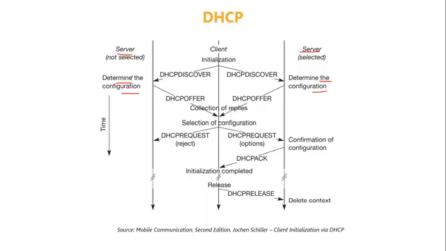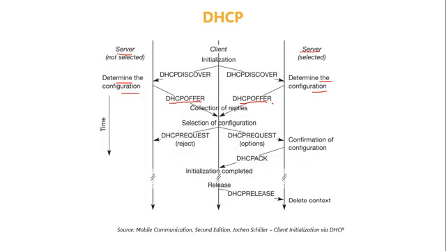Based on these, they send a reply to the client through the packet DHCP offer. The DHCP offer will include the configuration parameters of different servers. This server will set some configuration parameters, whereas the other server will set some other configuration parameters.